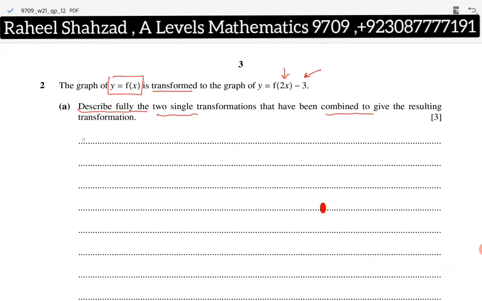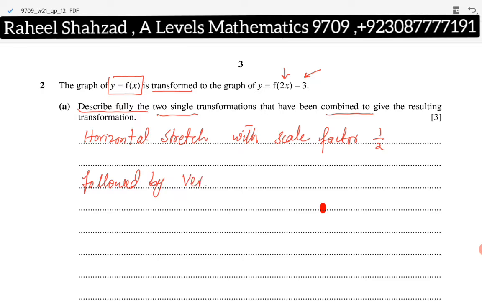So you would say that the graph has been, it's a horizontal stretch with scale factor 1 by 2, and then you would say that it is followed by a vertical translation of negative 3 units.